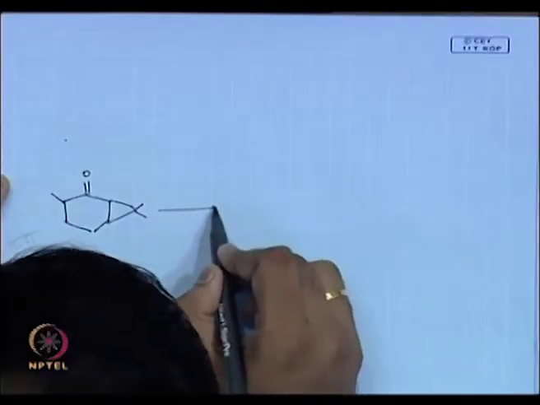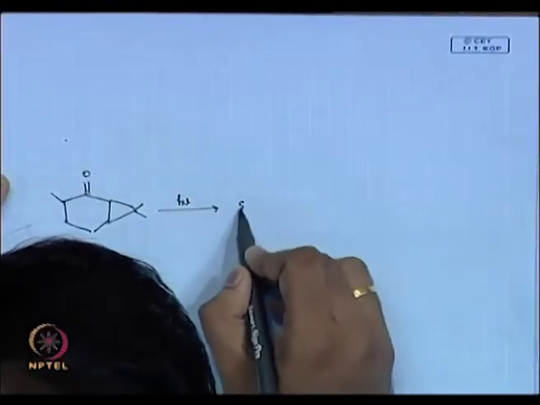So, you should understand whether this methyl has some influence or not. Okay. So, you do your first step, that is S1 to T1.